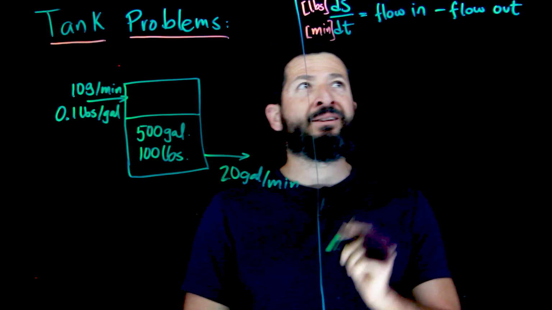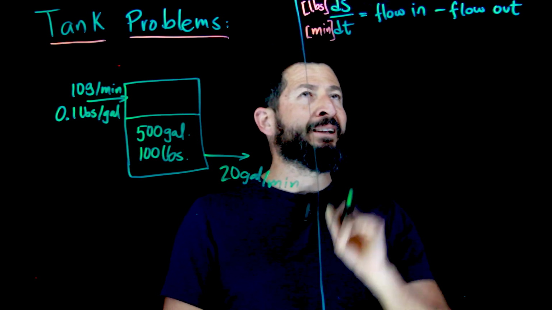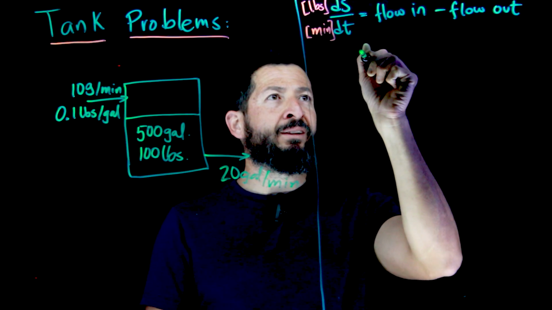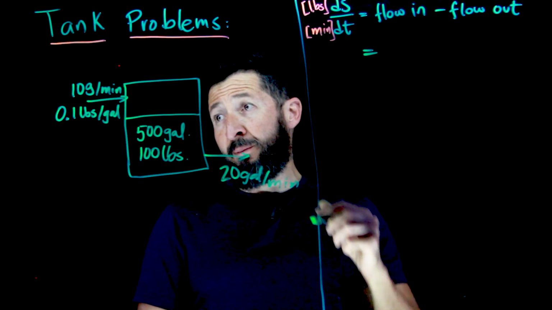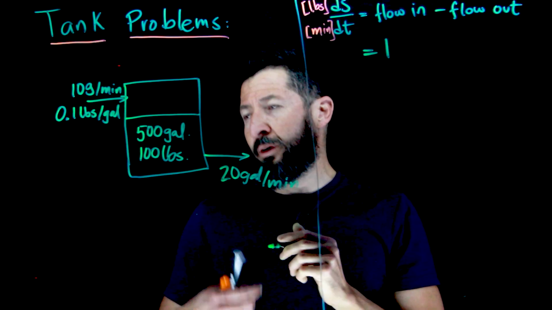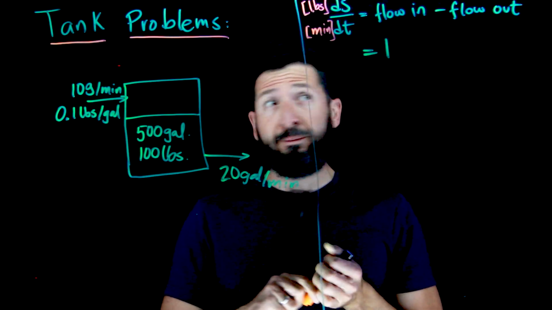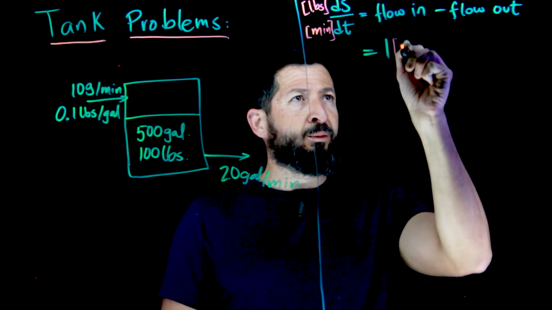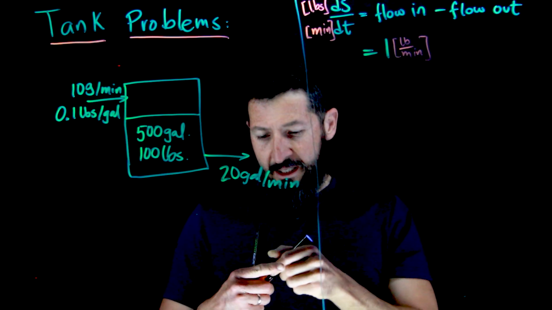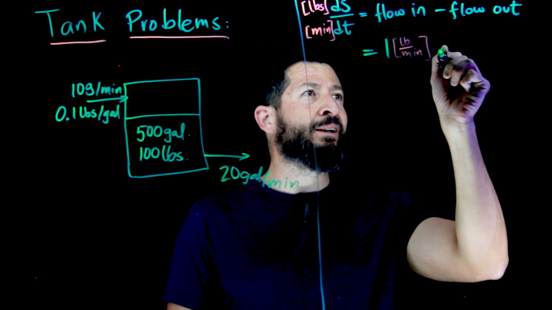The variables I'm going to keep the same, so I'm using this same equation, same idea, a mass balance of salt. So before we had already said that the amount of salt going in was going to be 1 pound per minute, multiplying 0.1 times 10. So this was given in pounds per minute. And now this is the one we have to pay a little bit of attention to, but not too crazy.